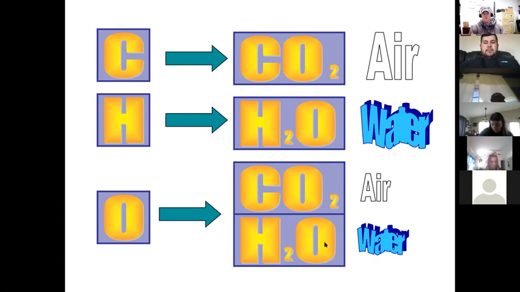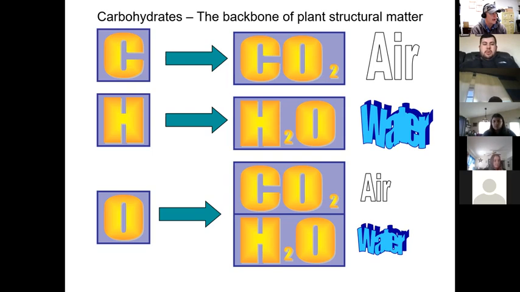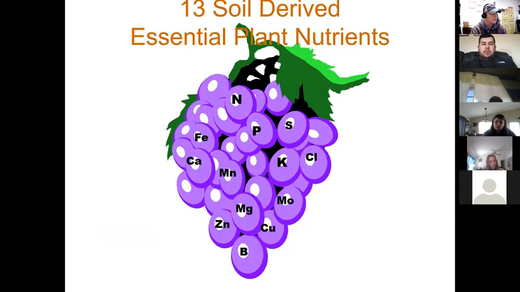So we'd never say that a plant has a carbon or an oxygen deficiency, I guess unless we were growing them somewhere that had no oxygen, but I think that would be exceedingly rare. These three, we call them the structural atoms, okay? These are part of the building blocks for the plant. So we call them structural, the backbone of plant structural matter.